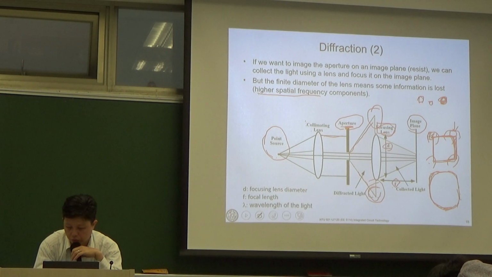Okay, so we will draw these features on purpose. So it won't look like the original pattern, but we have this small square on the corner, so it will look like this.